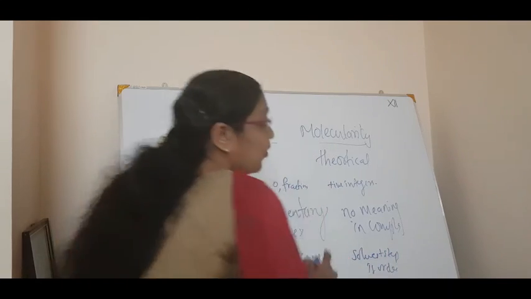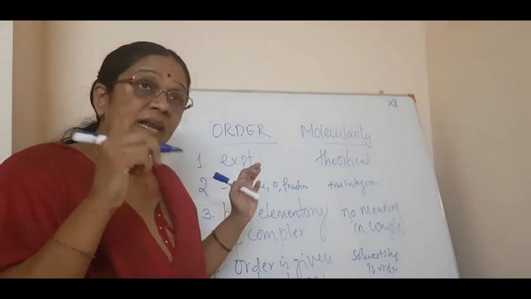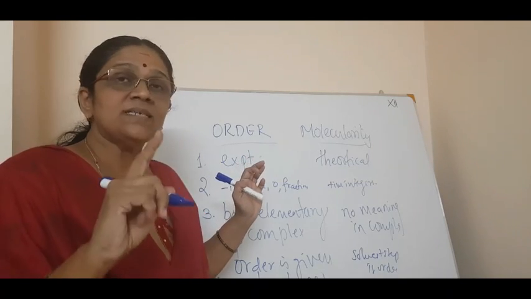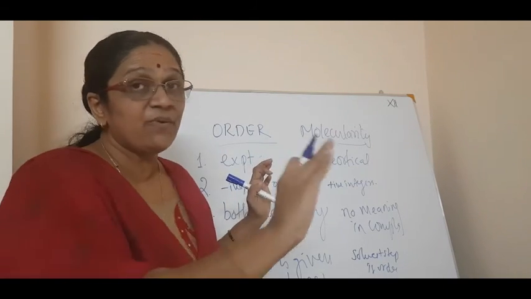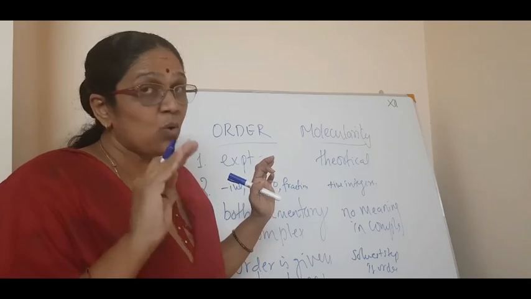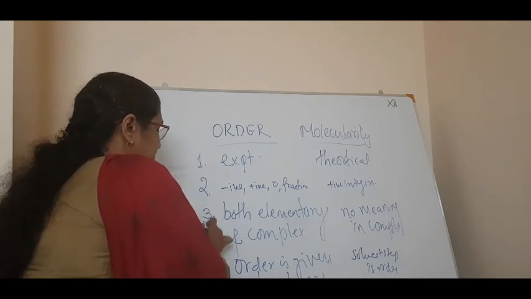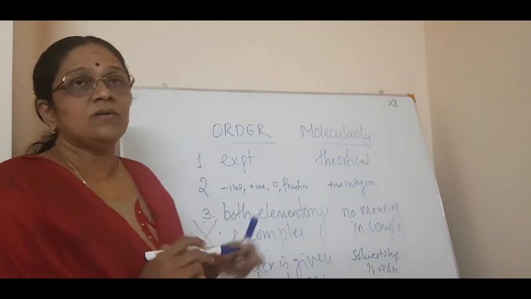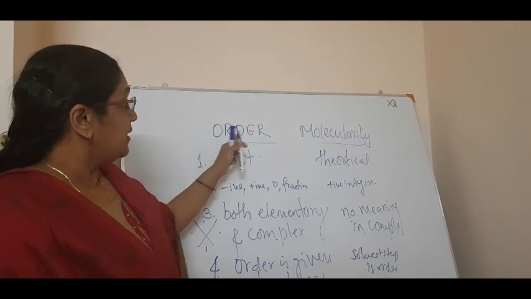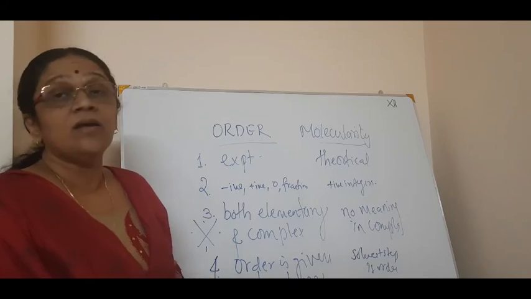Am I right? The molecularity of the slowest step, meaning the rate determining step, is equal to the order because it's an elementary reaction. So this is the board exam question. These are about the differences between order and molecularity.